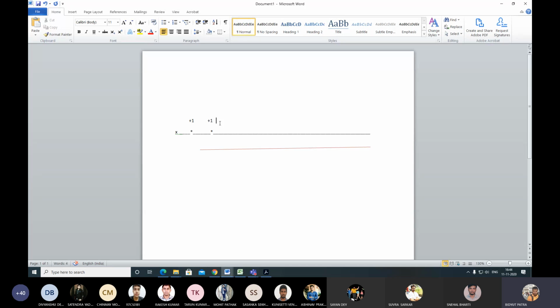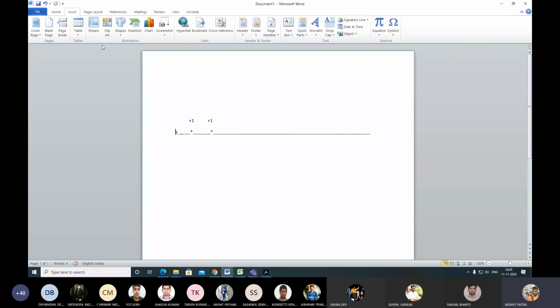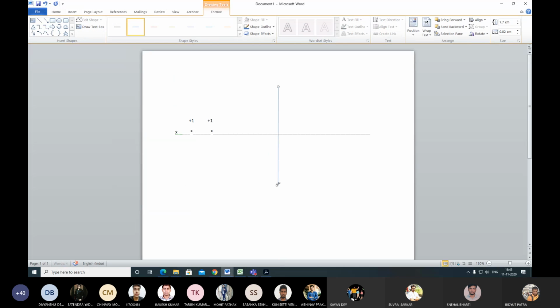Now you have to find a value of X. Essentially, you have to find a line here. I will say that on the lesser side is the positive class, and on this side will be the negative class.